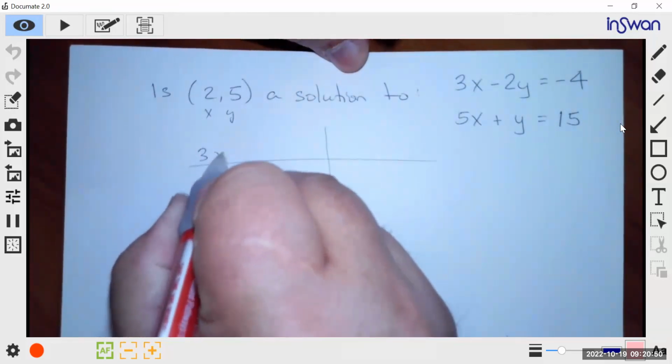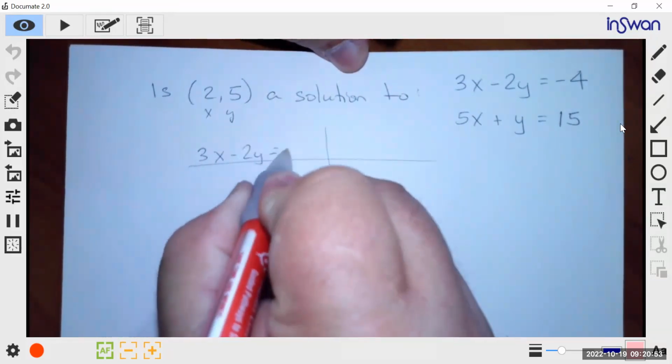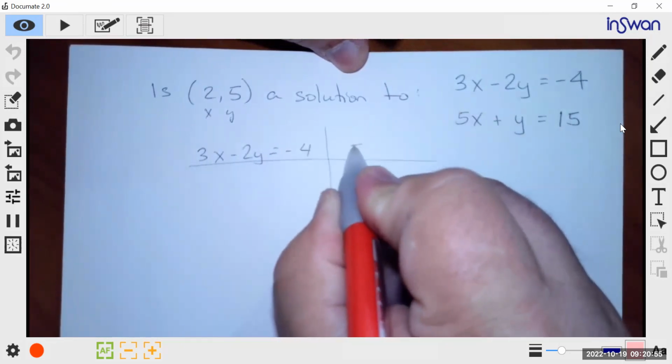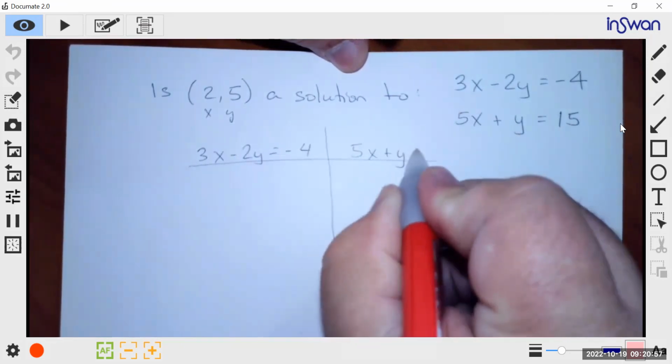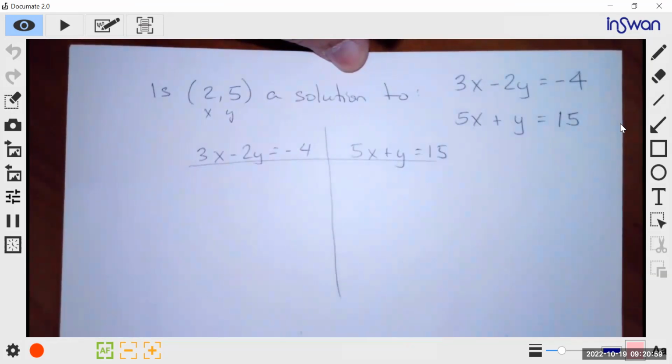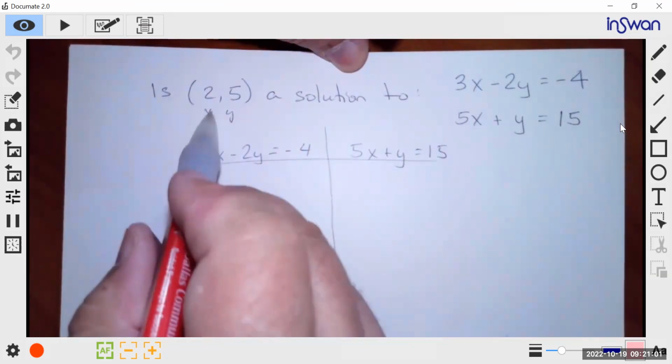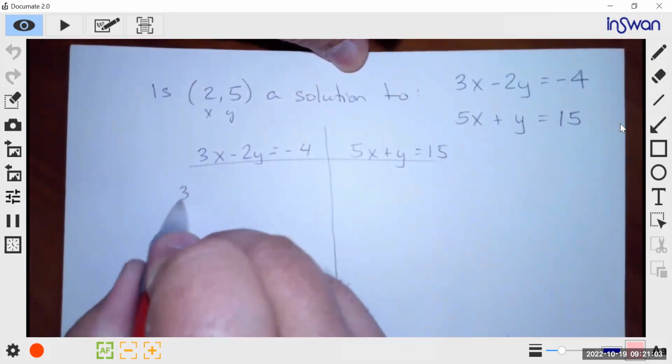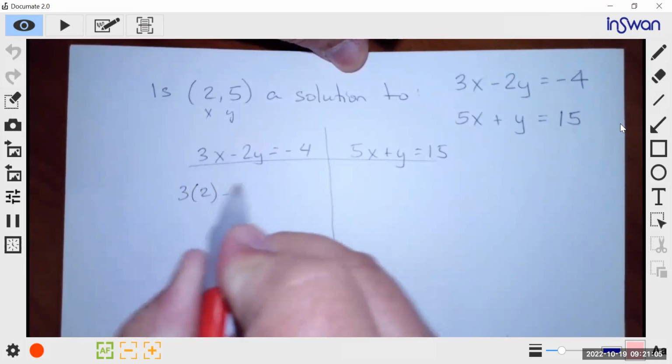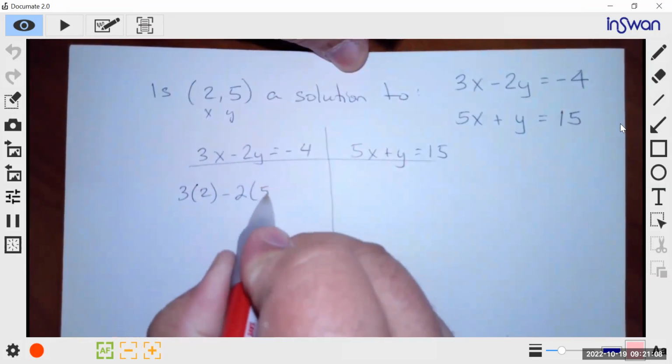So is it true for this one? Is it true for this one? Anywhere I see an x, I put a 2. Anywhere I see a y, I put a 5.